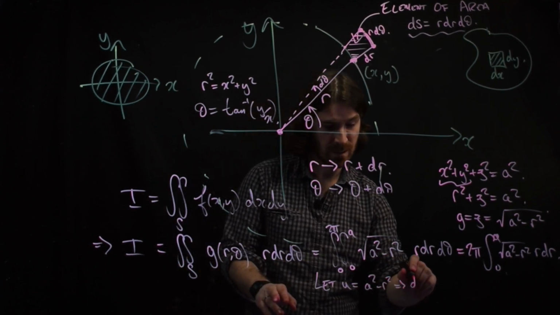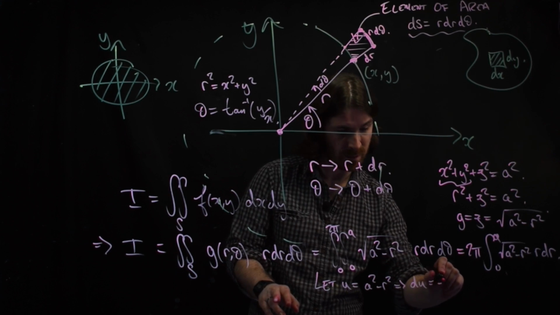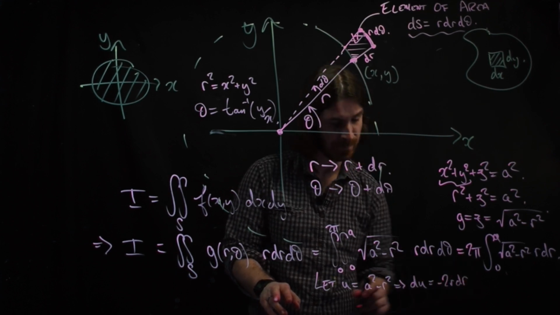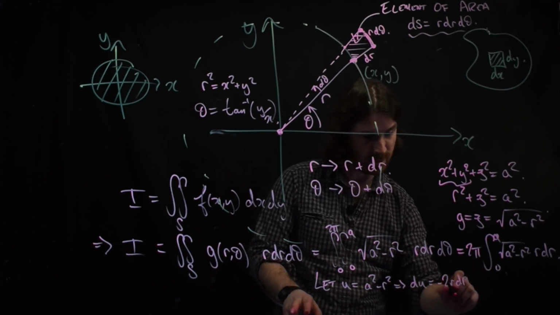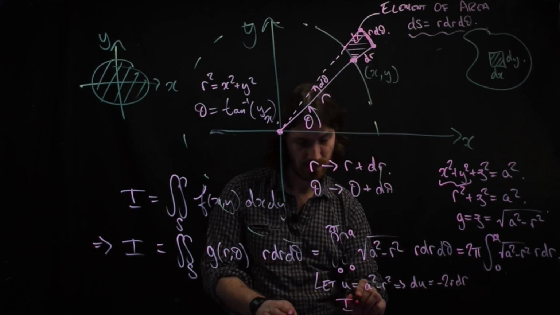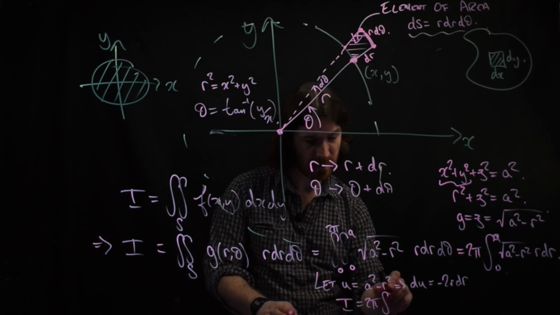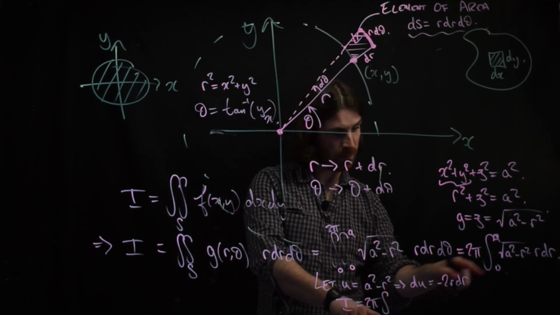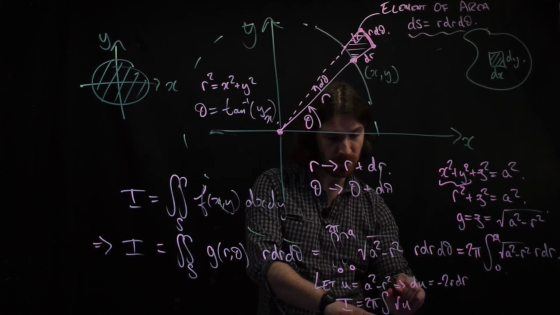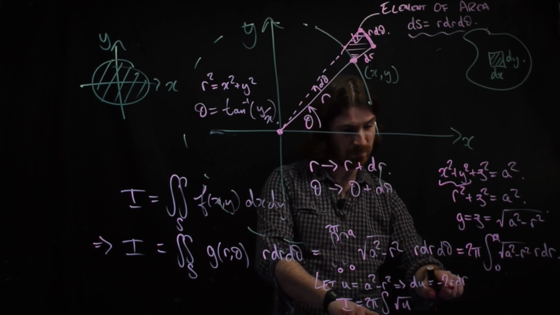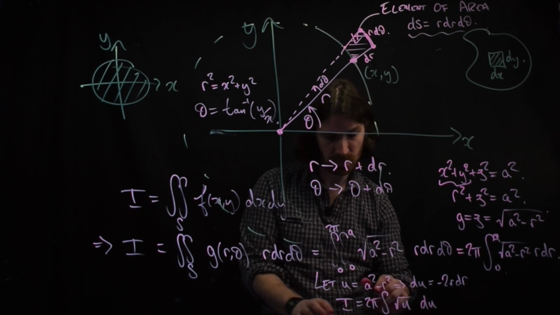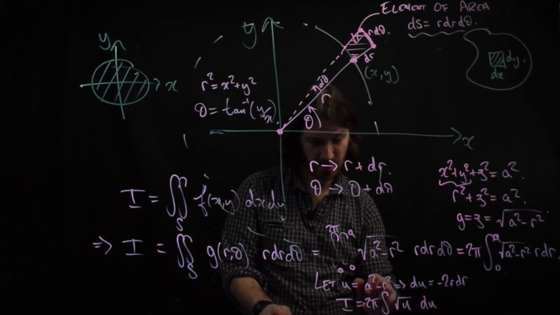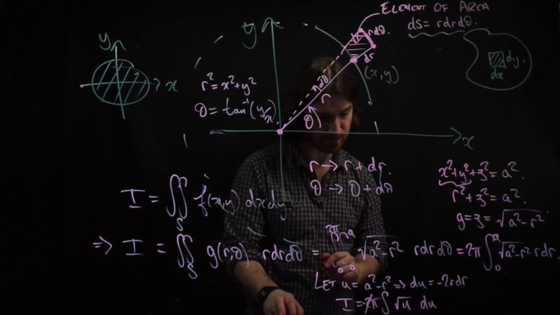This means that du is equal to minus 2r dr. So our integral we can write as 2 pi times the integral of the square root of u, and r dr is now minus du over 2. So we get a minus sign and our factor of 2 goes.